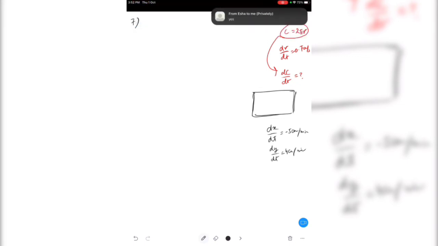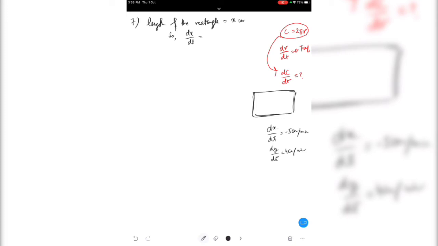Let us put in the question. So write down in here. First you write down, they have already given you that. So length of the rectangle is equal to x centimeter. So dx/dt is equal to minus 5 centimeter per minute.